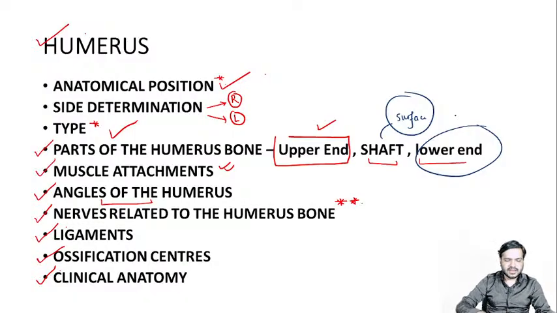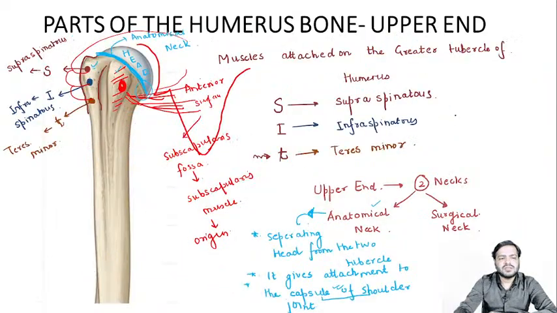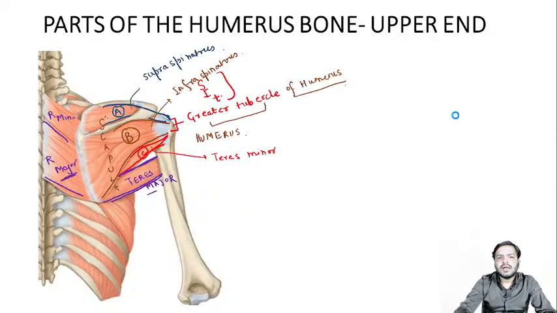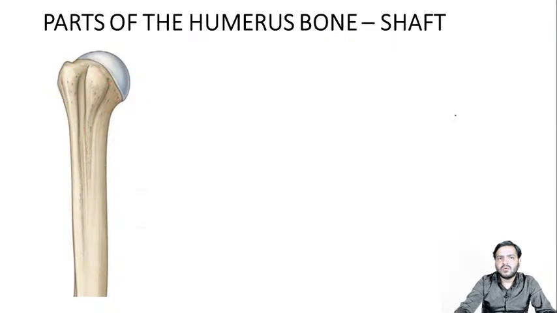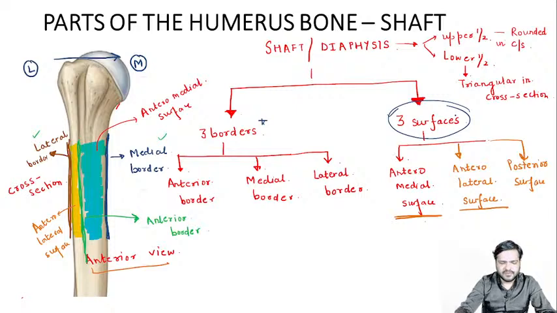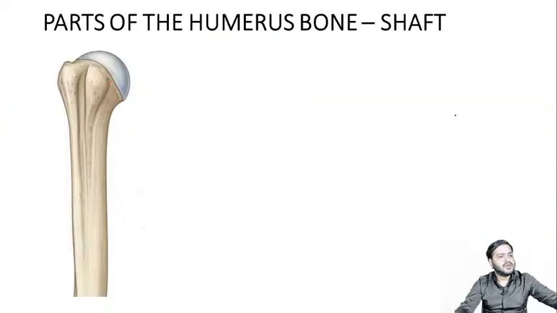So let us start, guys, with the shaft of the humerus. We were discussing the shaft of the humerus, and I have already discussed the borders. Now we will be discussing the surfaces of the humerus. Put a heading as the surface of the humerus.